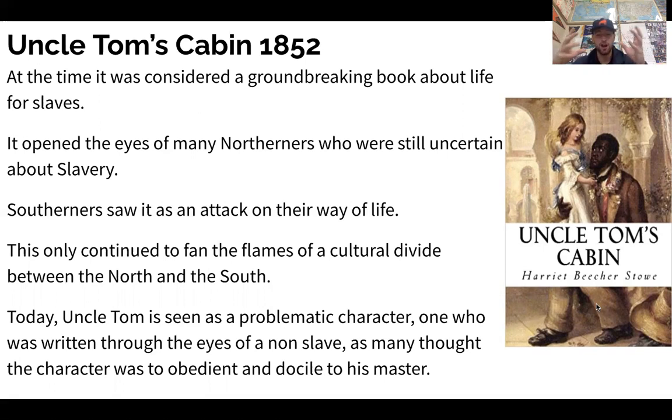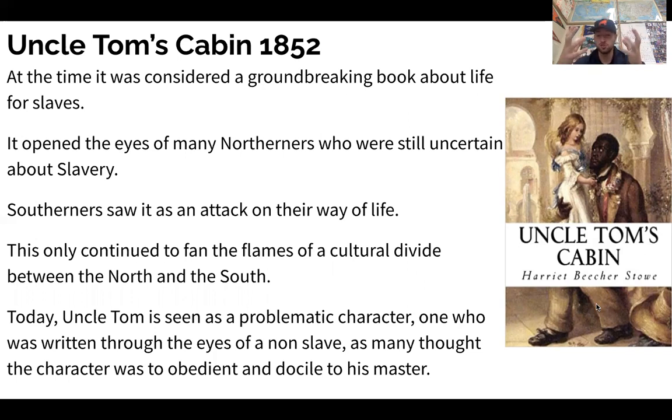Today, the term Uncle Tom is used disparagingly towards someone of color, typically someone who'd be Black, who, for example, came out and didn't support Black Lives Matter or supported Trump.